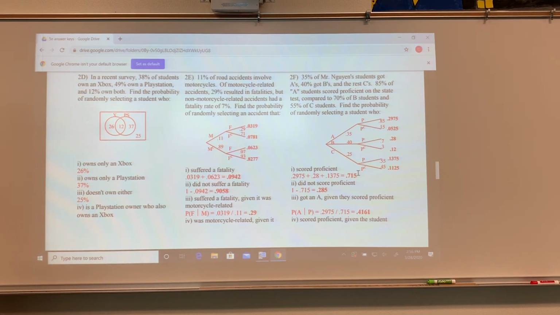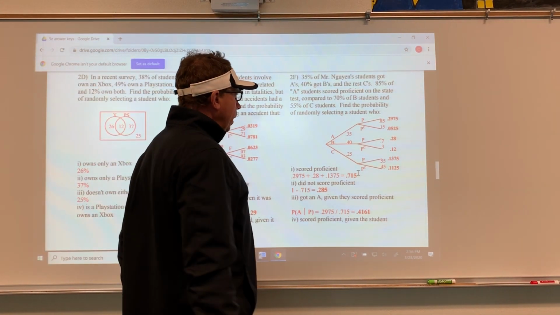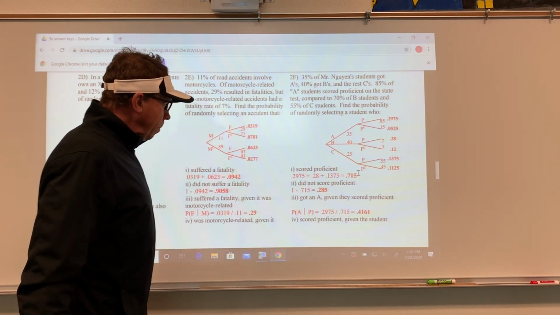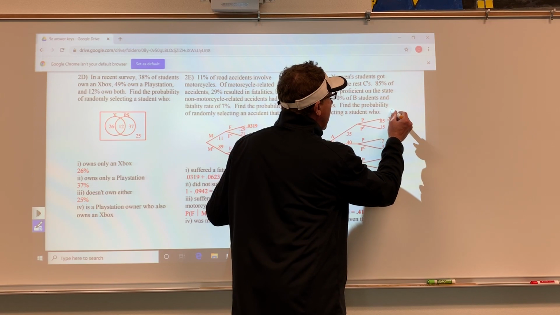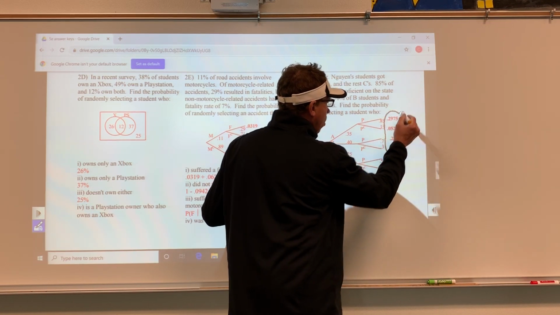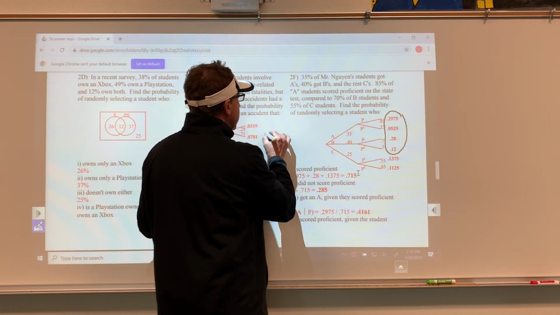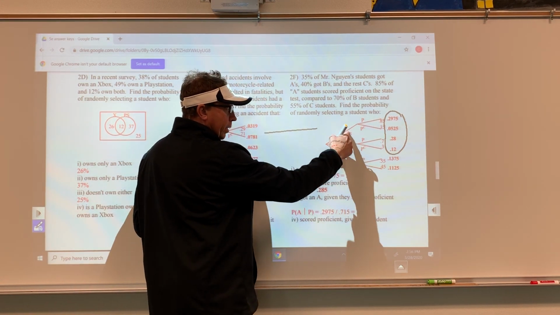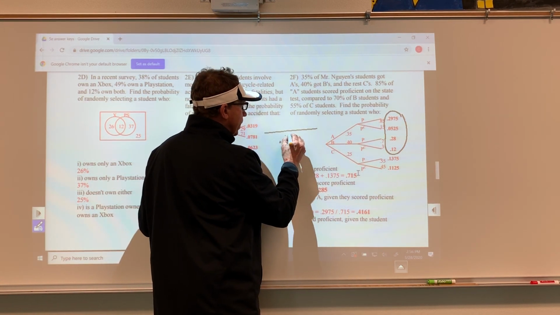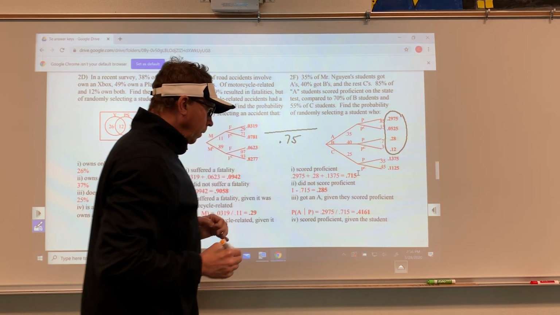So what's the probability that you got a B or better, which is a B or an A? You're going to add up all 4 of those. So basically it's going to be these two, which is 0.75, B or better.